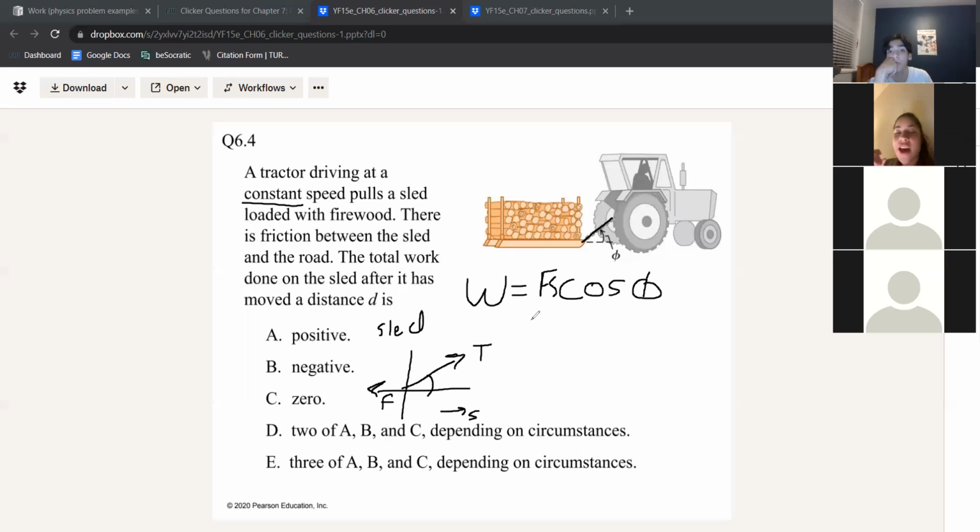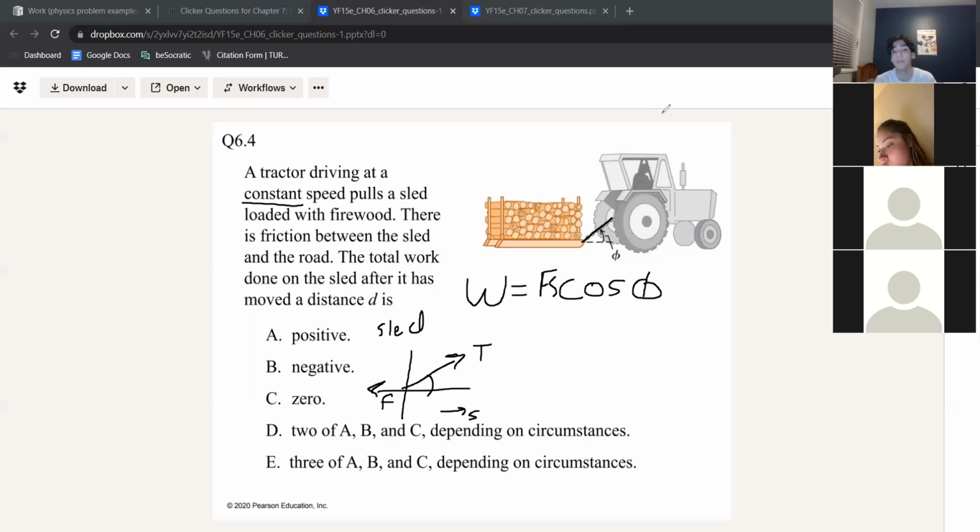Yes, and also because it's displacing in a horizontal way. Exactly. In this case, with the angle, it's pulling the firewood up in an upward motion, so there's no work.